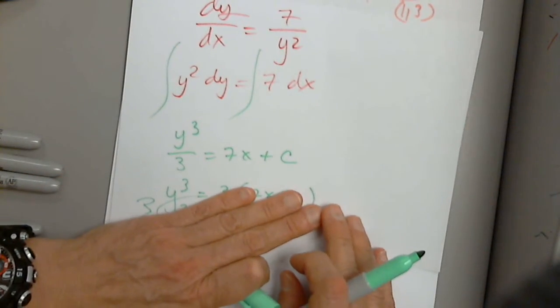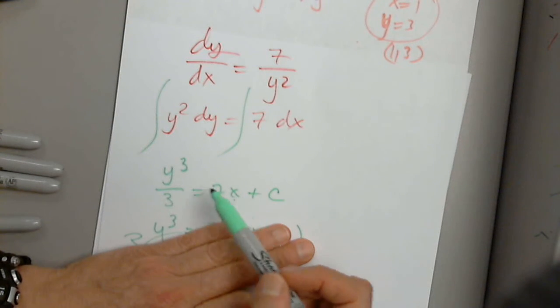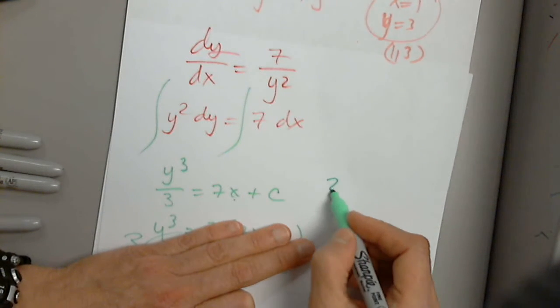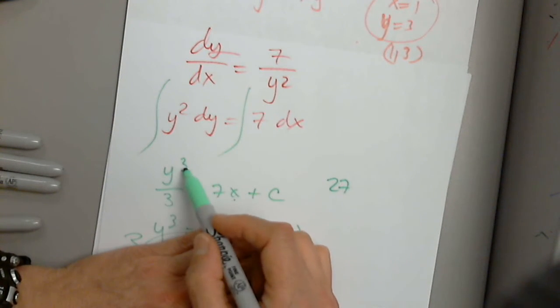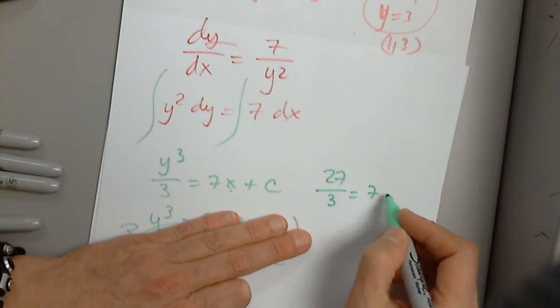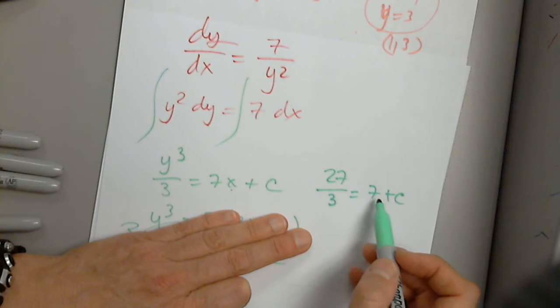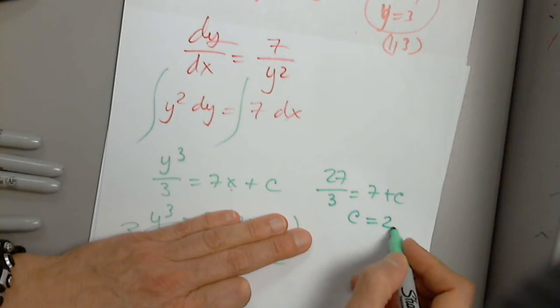Sorry, I forgot that the condition was given. So when x is 1, y is 3. So 3 cubed, 27, divided by 3 equals 7 times 1, which is 7, plus c. So this is 9, this is 7, so therefore c must equal 2.